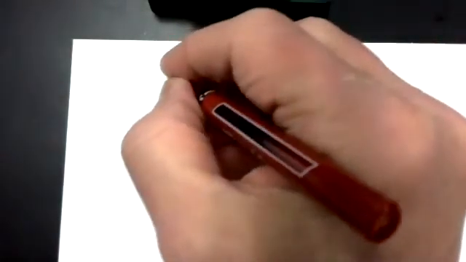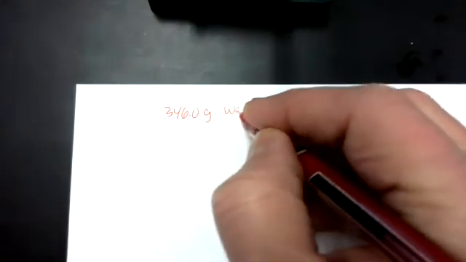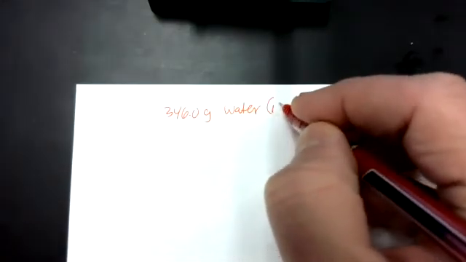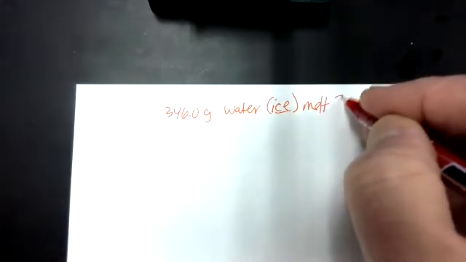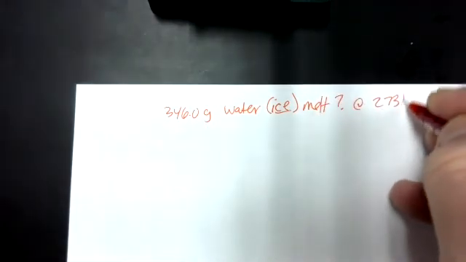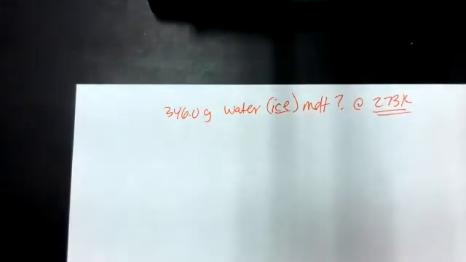Question 3 is about 346.0 grams of water. Actually, it's the ice phase, and how much to melt it at 273 Kelvin. So we're starting right at the melting point.